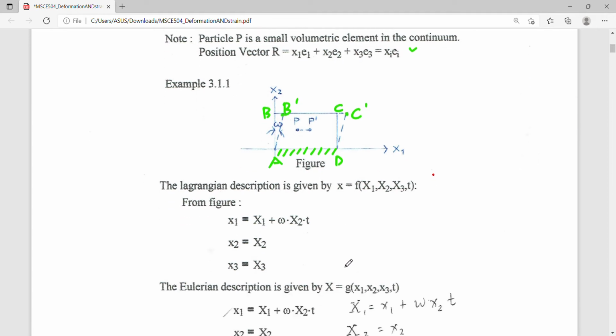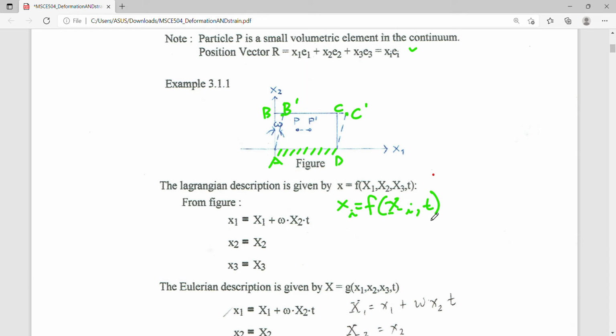So take note that when we're talking of the original state or description, or the Lagrangian description, we refer to the mathematical function small x equal to a function of big X. This can be abbreviated by simply using the index i.